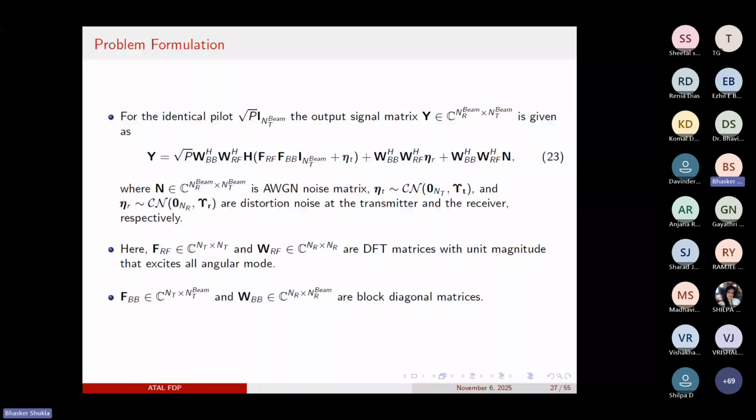where N is the overall AWGN noise matrix, and eta T and eta R are, as I explained earlier, the distortion at the transmitter and receiver side. Here again F RF and W RF are taken as DFT matrices, and F BB and W BB I have considered as block diagonal matrices.